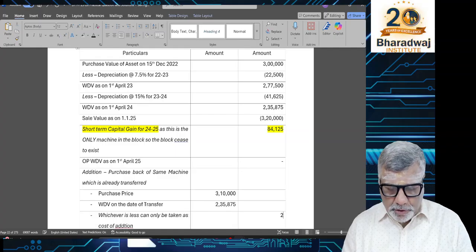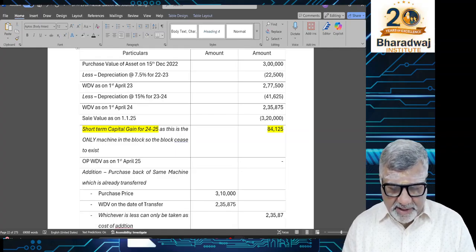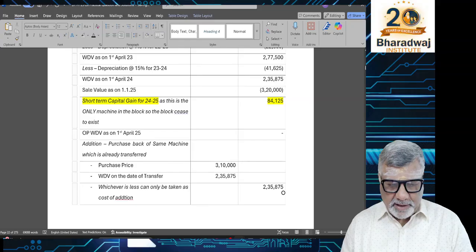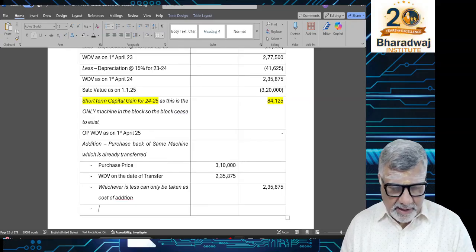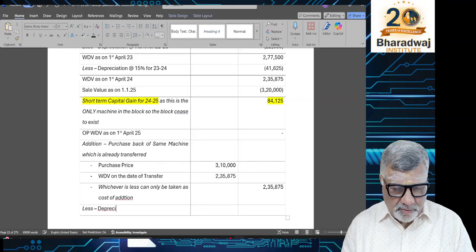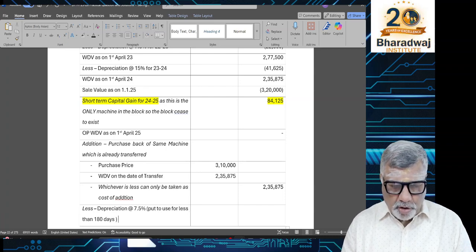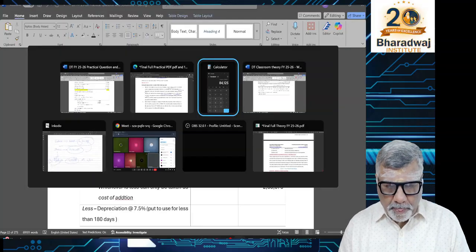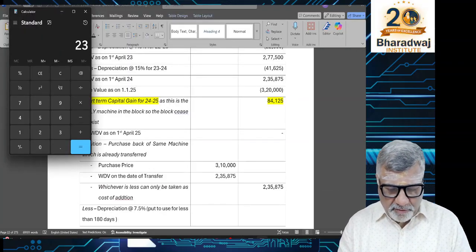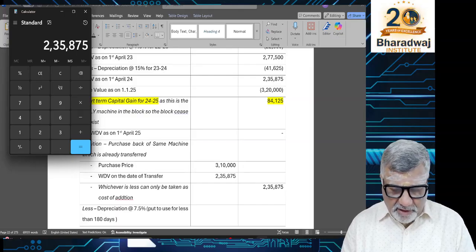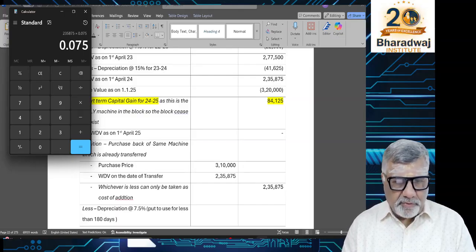So 2,35,875 less depreciation at the rate of 7.5%, put to use for less than 180 days. 2,35,875 into 7.5%.